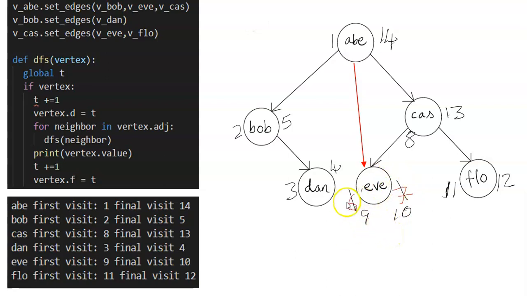Before we make the improvement, let's see also what can happen if, say, we have another arrow. Now we have Abe being an edge among Dan's adjacencies. Okay, Abe being an adjacent vertex to Dan.